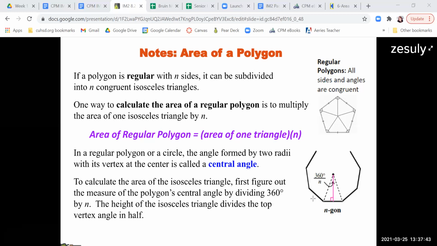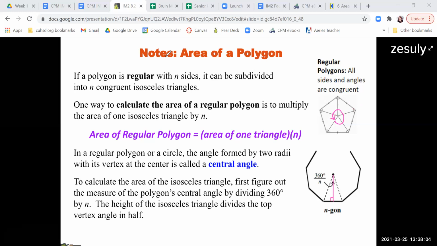So first of all, this 360 degrees thing, it's on purpose. When we rotate a full circle around, that's 360 degrees. A full circle is a 360-degree rotation.